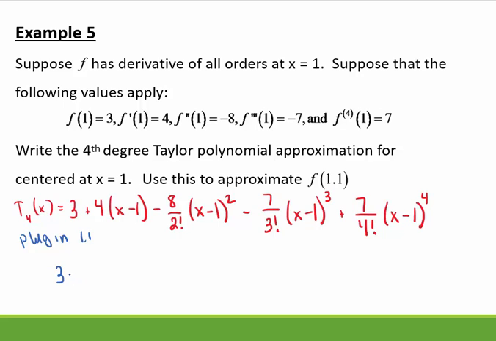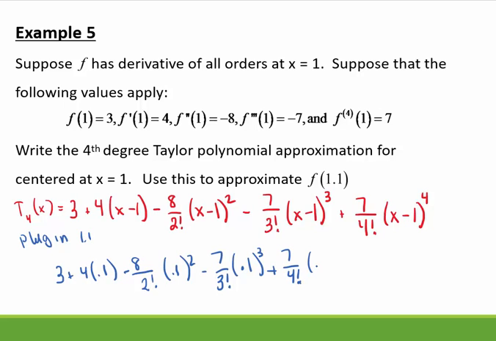So 3 plus 4 times 0.1 minus, I'm sorry, that's not a plus there, that is a great big old minus sign, 8 over 2 factorial times 0.1 squared, minus 7 over 3 factorial times 0.1 to the third, plus 7 over 4 factorial times 0.1 to the 4th. And then, honestly, this is just plugging in your calculator. And according to my notes, I have 3.3589.